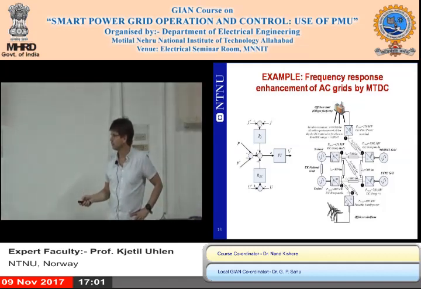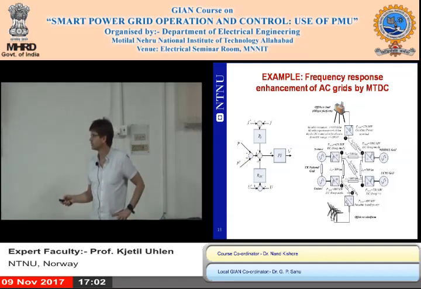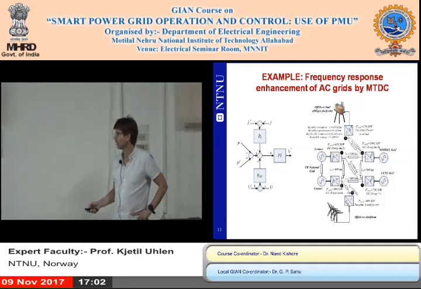You can think that you have UK here, England and Scotland maybe, as two nodes. You have Germany, for example, here as one node, and Norway up here. And you have some connection to an oil platform, which is a major load. And perhaps some wind power feeding in. But that's less interesting. And you have this controller that controls the converters based on frequency deviation and DC voltage deviation.